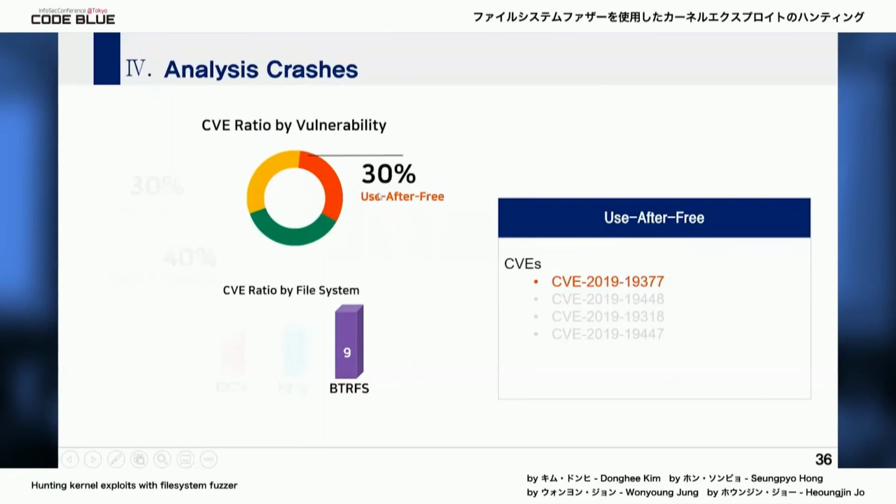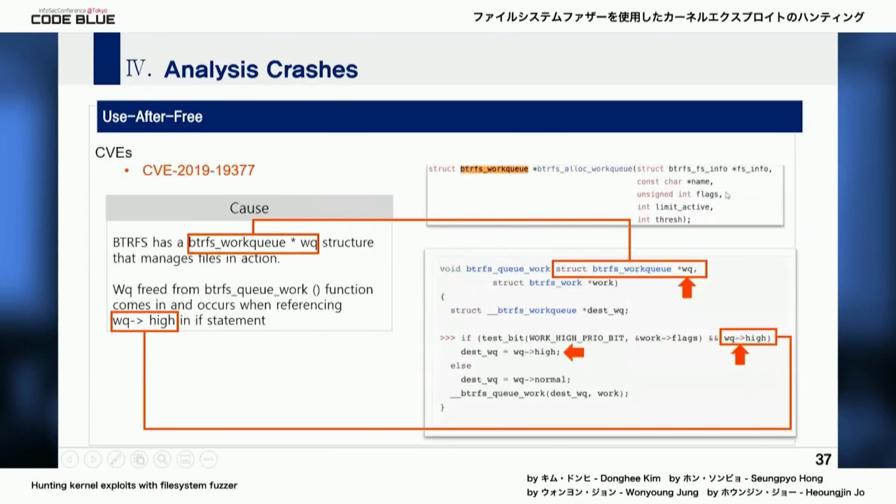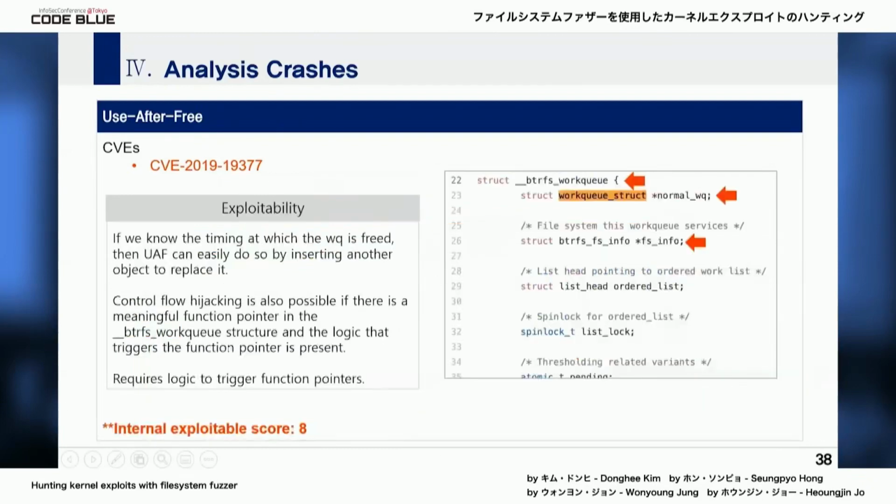Next is the UAF vulnerability. This is a vulnerability caused by the Btrfs queue_work function. A freed work queue structure comes into the function, and the vulnerability occurs when referring to the work queue. If you know the free timing, then you can easily exploit it by pushing another object.